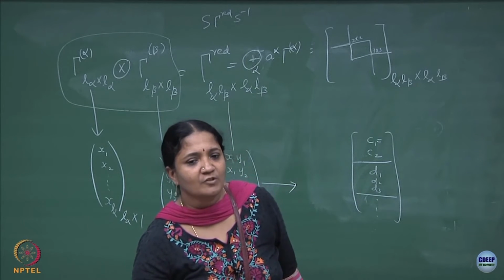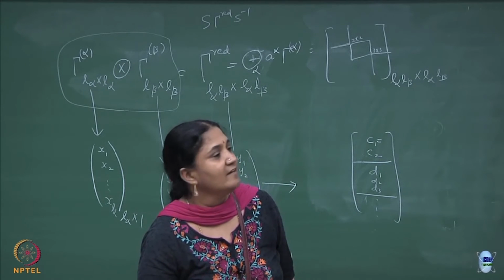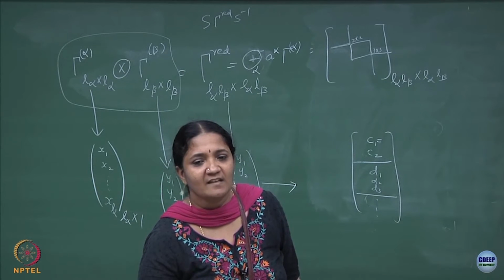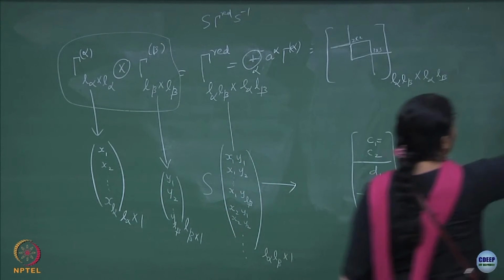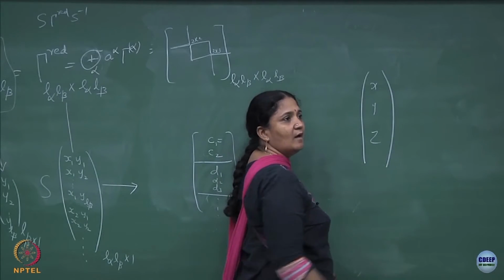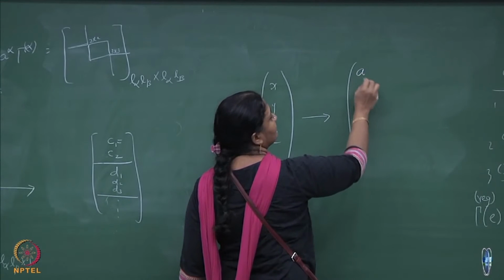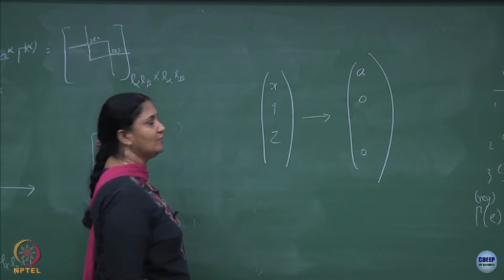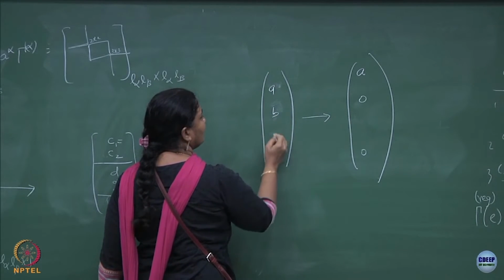It is not new to you. You have done projection operators in your XYZ 3-dimensional space, right. Suppose I say that the vector space is 3-dimensional, let us take XYZ. I want to project this, let me call it ABC. What is the meaning of this?